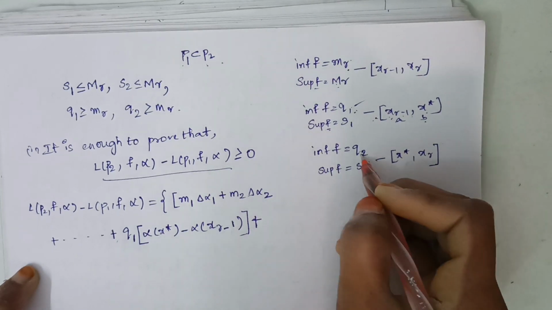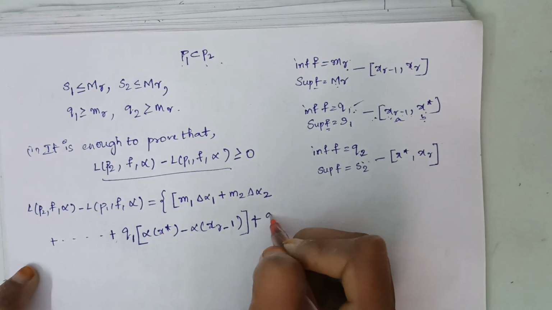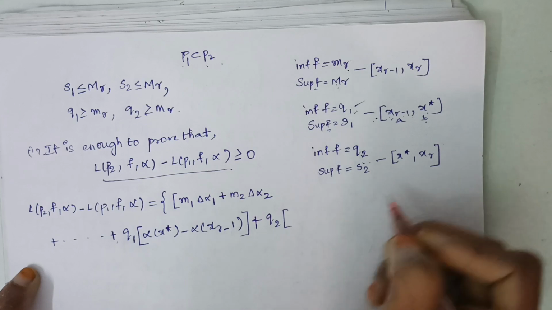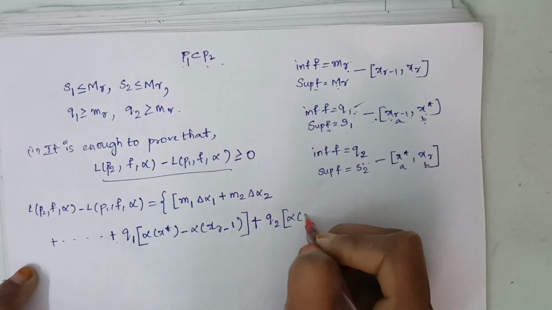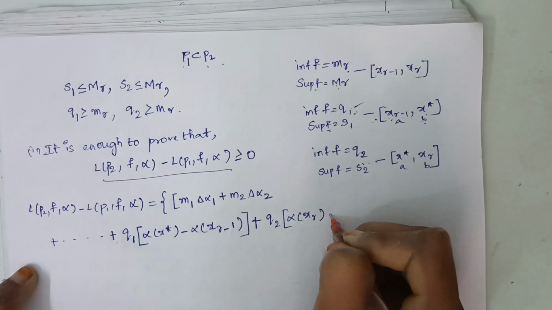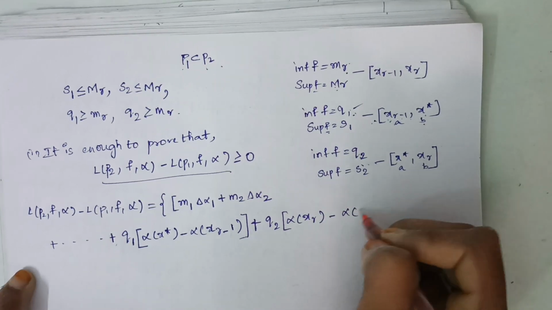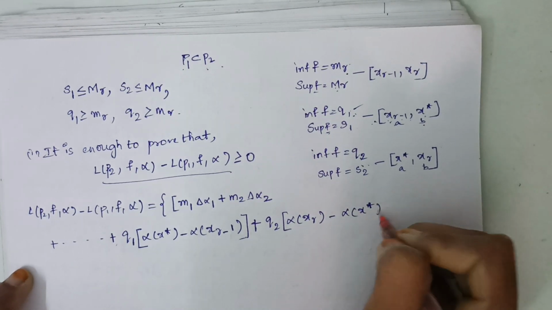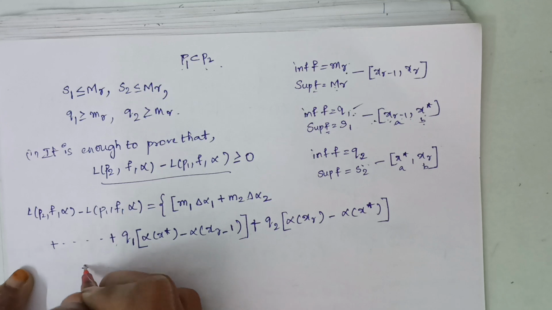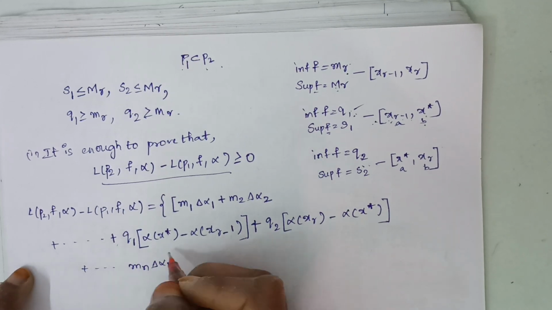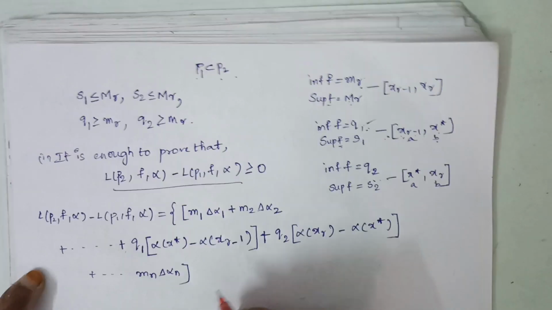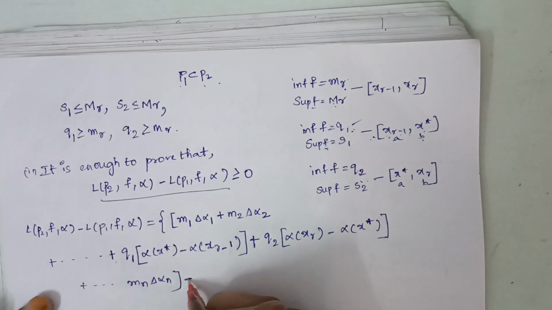Plus Q2 also, in partition P. Q2 into, this is B and this is A, alpha of x r minus alpha of x star, and so on up to plus Mn into delta alpha n, and close this bracket, and we have minus here.